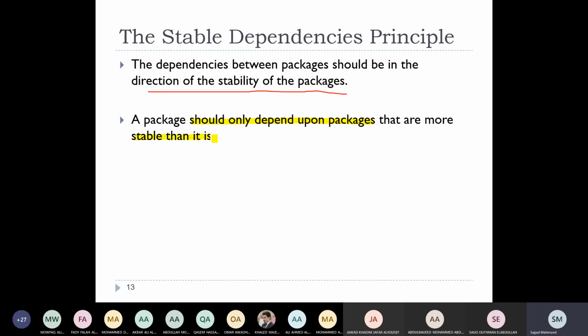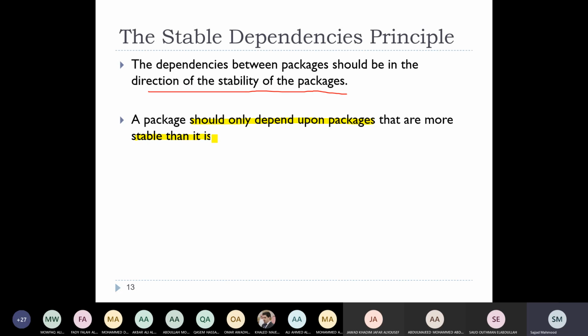If I'm package A, I should depend on package B, or a package which is more stable than myself. This is the fundamental idea behind the stable dependency principle: depend on packages that are more stable than it is. Of course, the question is, what is stable? What is the meaning of stability? How do I calculate stability?